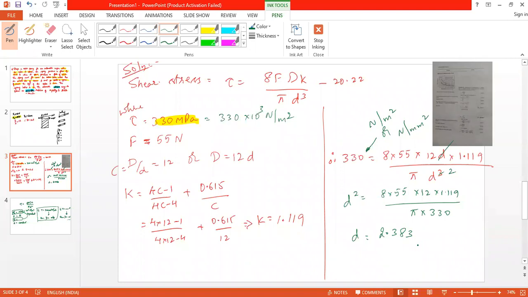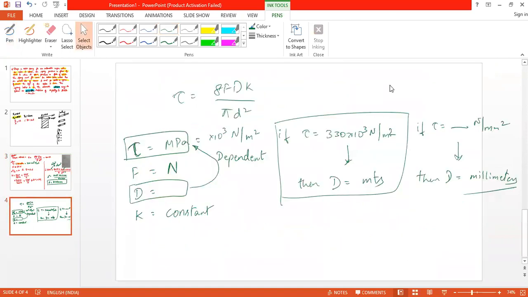Newton per millimeter square, sir. Right now it is 330 Newton per millimeter square, so therefore you will get the answer in terms of millimeter.